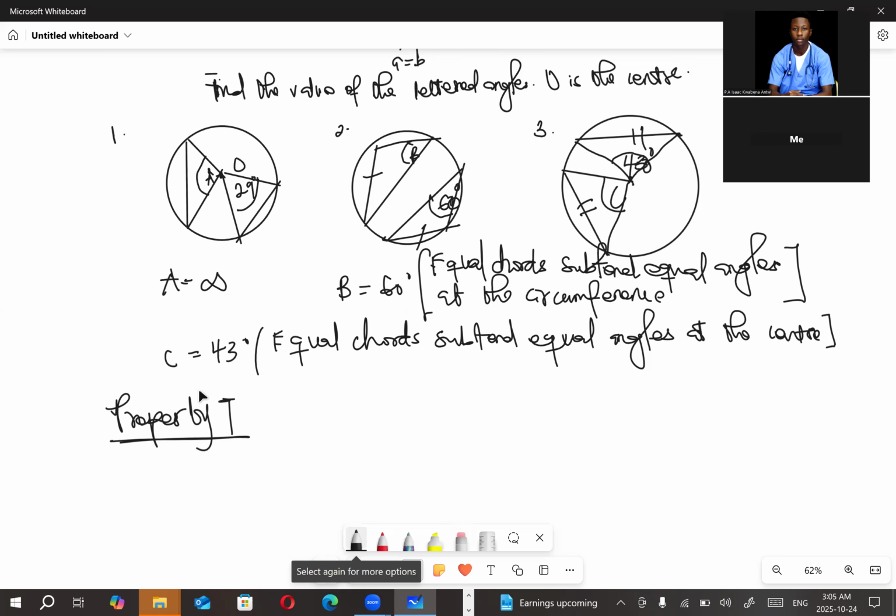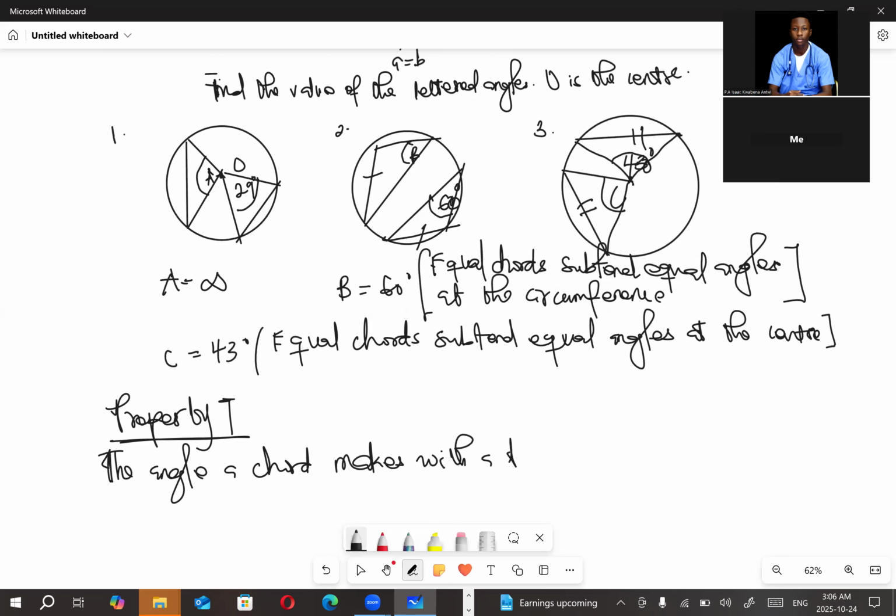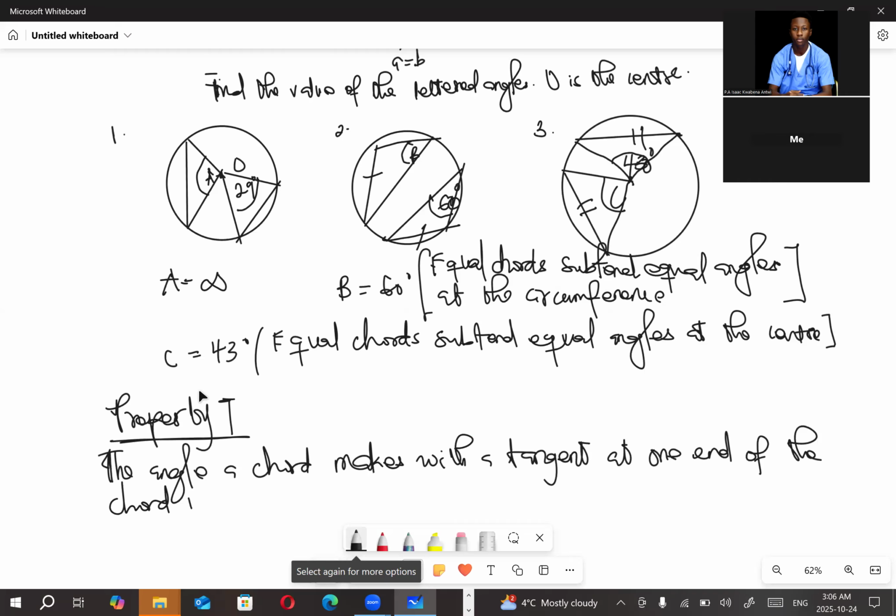So let's write: the angle a chord makes with a tangent at one end of the chord is equal to the angle in the alternate segment.